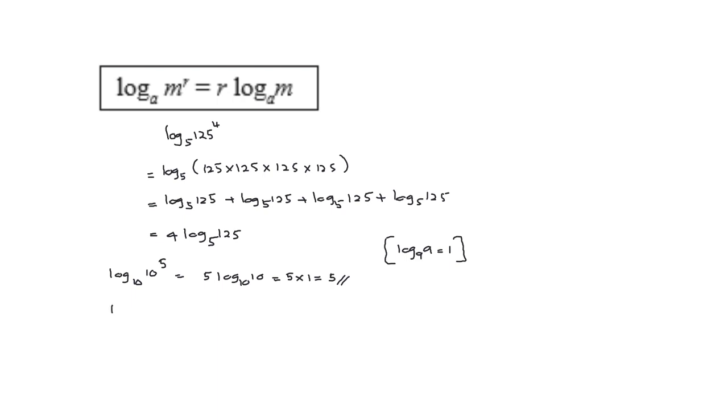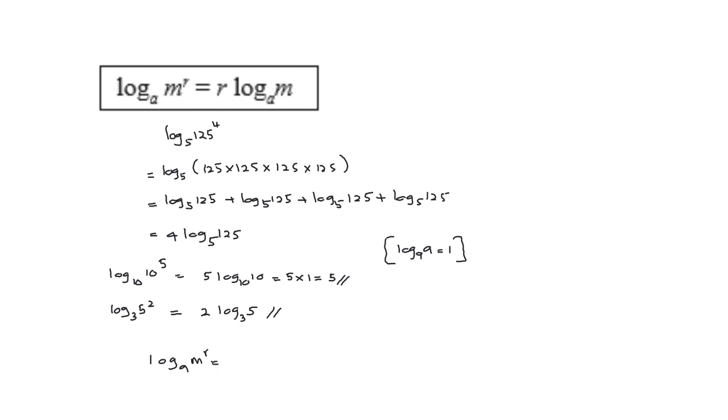Look at this one. Log 3 of 5 squared. How do you write this one? You can take the power to the front: 2 log 3 5. Okay. In general, we can write log a of m to the power r.